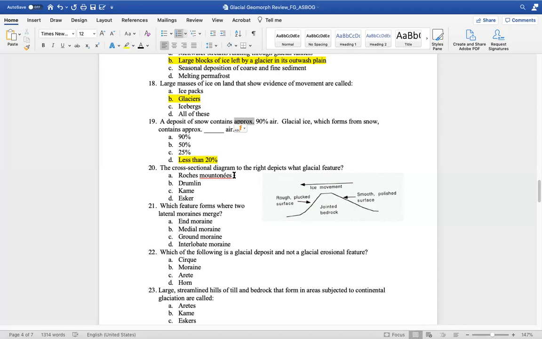So this diagram is showing a roche moutonné, which is the correct option.